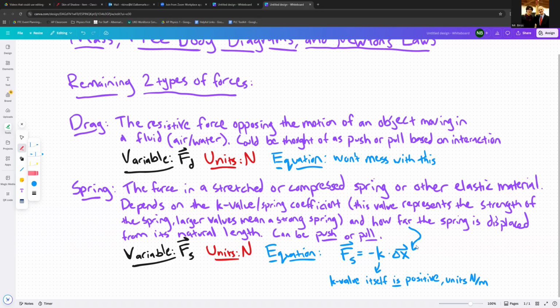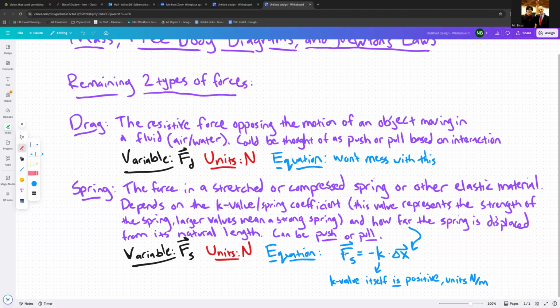So we always expect that if your delta x is positive, spring force should be negative. If delta x is negative, spring force should be positive. So we can see that just from the equation. That's this negative sign here, making sure that delta x and spring force always have opposite signs to each other. One is positive, one is negative, because of how springs work. And the equation then matches with that.